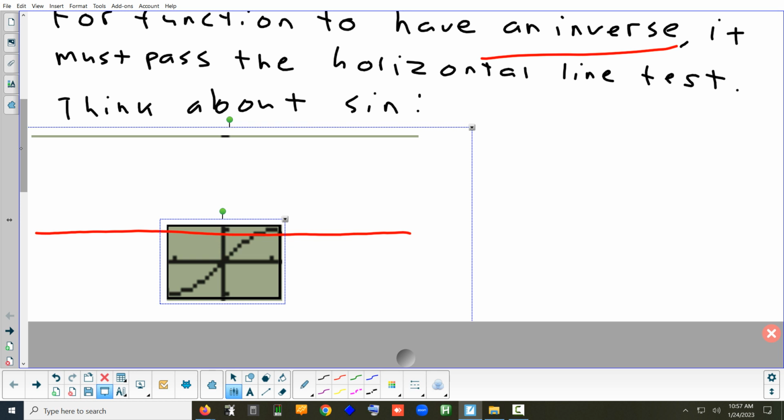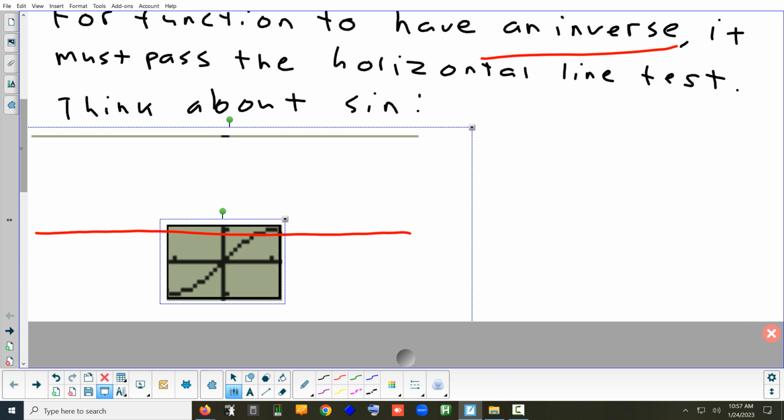Does anyone have an idea what those 2 mark? Well, I kind of said how much each one is. That's my y-axis. And how much left and right of the y-axis am I going? 90. So when we talk about inverse sine, we're going to talk about a section from -90 to 90.